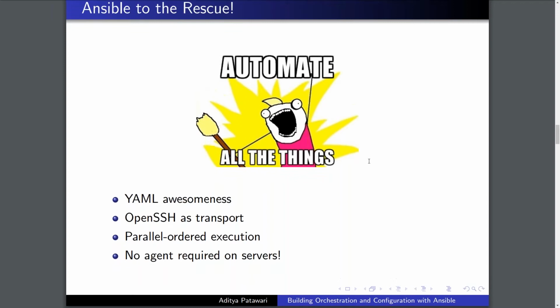Ansible also does parallel ordered execution. Now, if you talk about a couple of years back, or probably if you are on an older version of, let's say, Puppet, then ordered execution is a big problem because Puppet will not execute the tasks in an ordered fashion. Any task can execute after any other task.